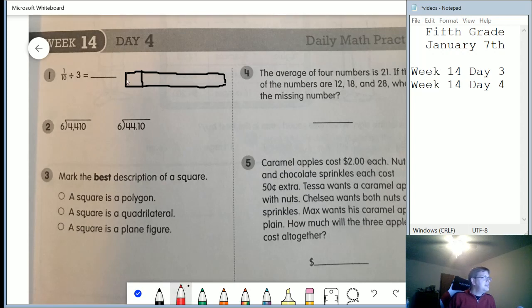If I were to divide that thing up into 3 equal parts, 1, 2, and 3, and I did that for each of my 10 parts here, that would give me the total number of parts in the new shape, and we're still counting one part. But we will worry about that when we actually have to do dividing with fractions, which we are not to that point yet. So I would much rather you work on number 2.